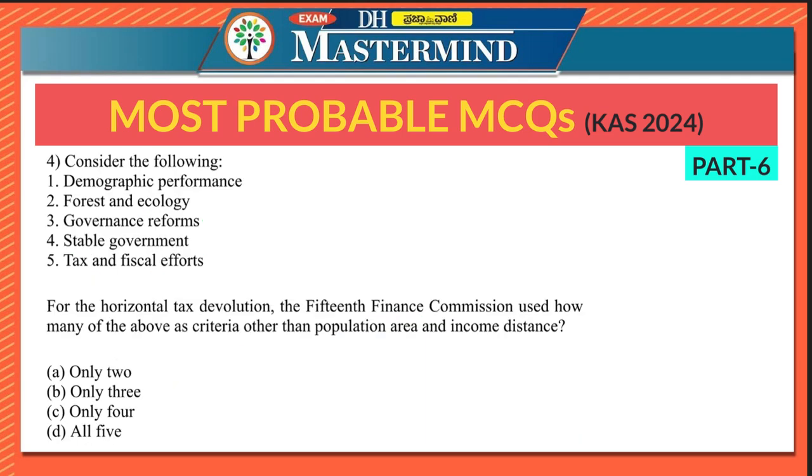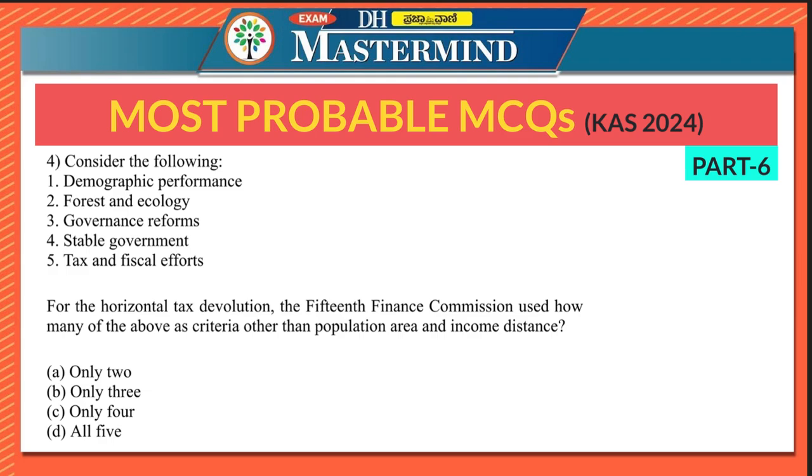Fourth question says, consider the following: demographic performance, forest and ecology, governance reform, stable government, tax and fiscal efforts. For the horizontal tax devolution, the 15th Finance Commission used how many of the above as criteria other than population, area, and income distance?